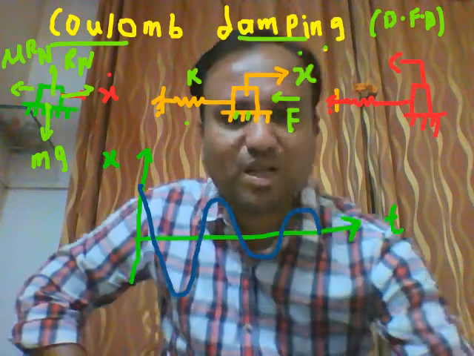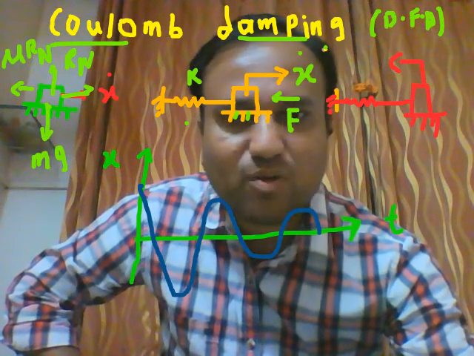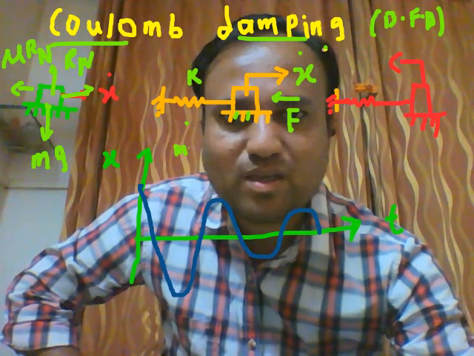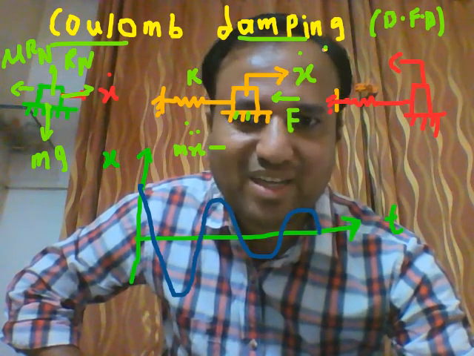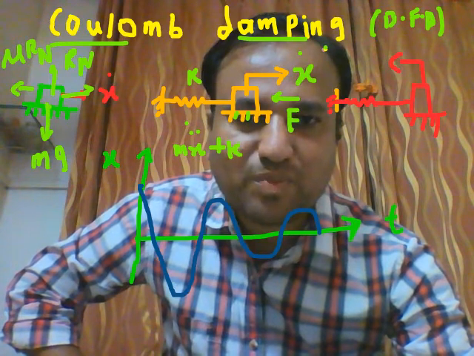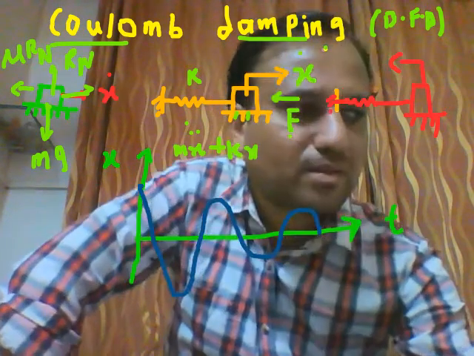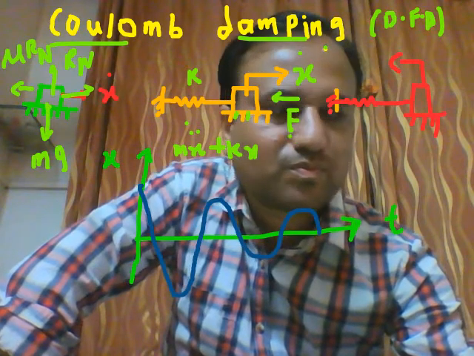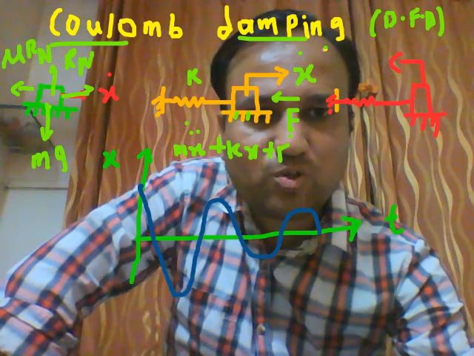So a simple equation of motion I will write down like this: mx double dot, the inertia force, plus kx, the spring force, plus the frictional force F is equal to 0.